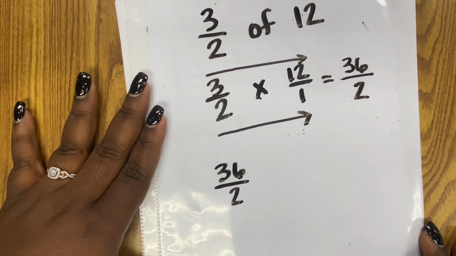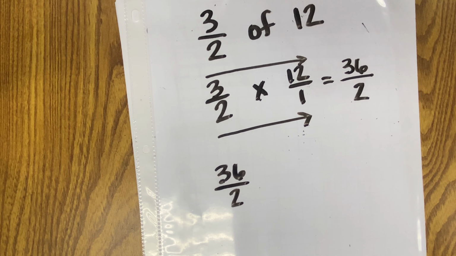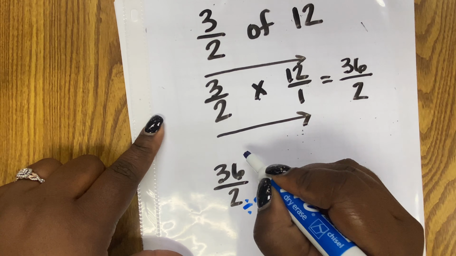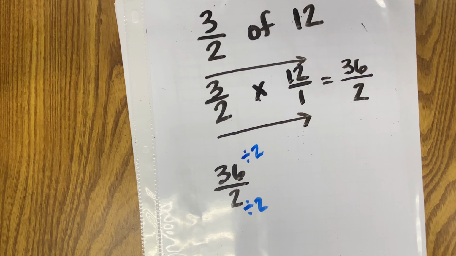can be simplified. They're both even numbers, so I know that we can simplify by dividing the denominator by 2 and the numerator by 2, because this is an equation. And equations are equal. They're fair. Whatever you do on one side, you do to the other.